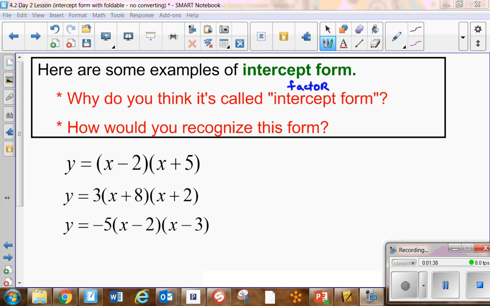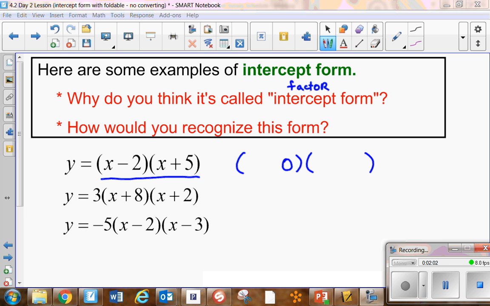Your book calls it the intercept form, or I may have those two words mixed up. I can't remember which book calls it which, and I will say it both ways. So just know that factor form and intercept form are the same thing, because you can get intercepts from factors. So for example, if this is what they give me, I can tell you right now what the x-intercepts are.